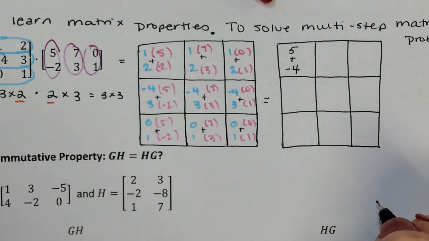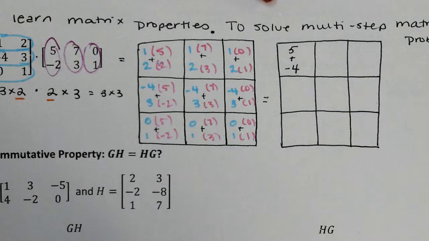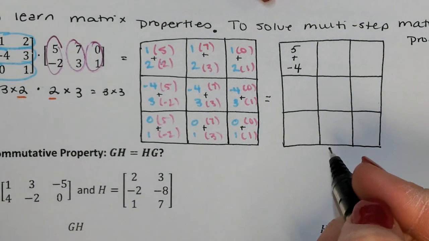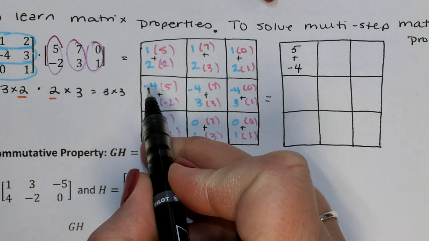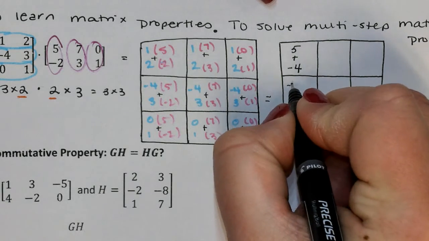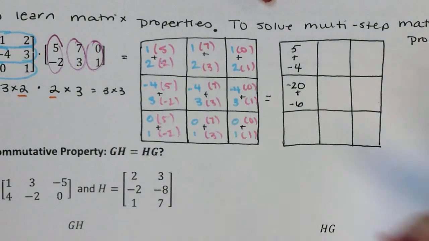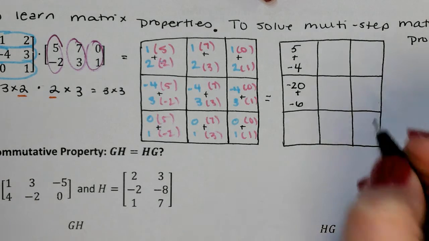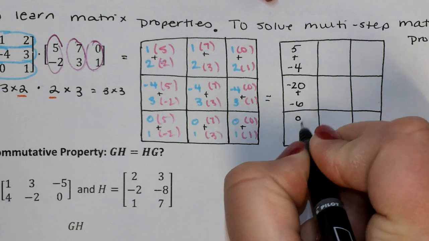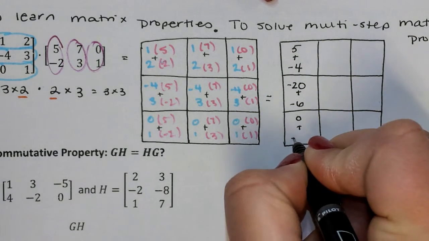So again, you can use your calculator here if you don't know your multiplication tables, or you could know your multiplication tables and just multiply in your head. Negative 4 times 5 is negative 20, plus 3 times negative 2 is negative 6. 0 times 5 is 0, plus 1 times negative 2 is negative 2.